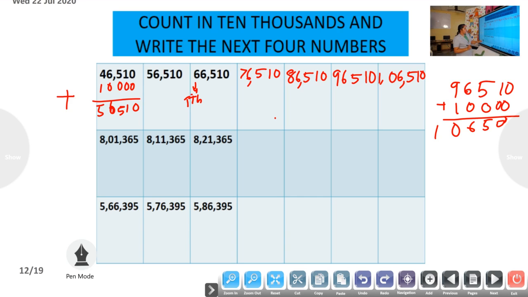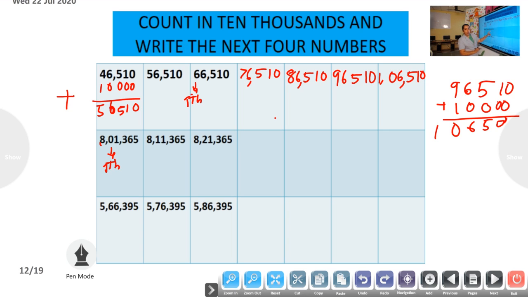Then next, which place do you have to change? The digit in the 10,000's place. So here is 0. This is the 10,000's place. So 0 becomes 1 when we add 10,000. So it becomes 1,16,365. Again adding 10,000 means the digit in the 10,000's place changes. 1 changes to 1 plus 1 is 2.